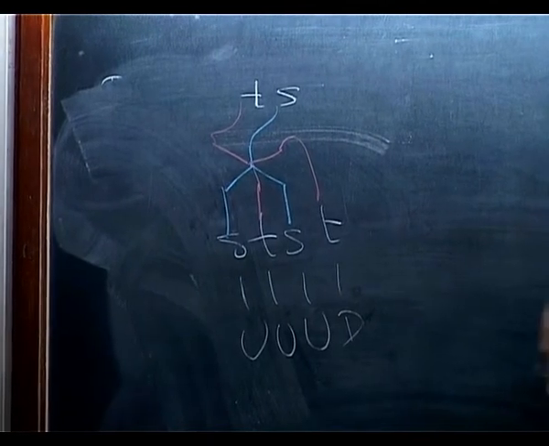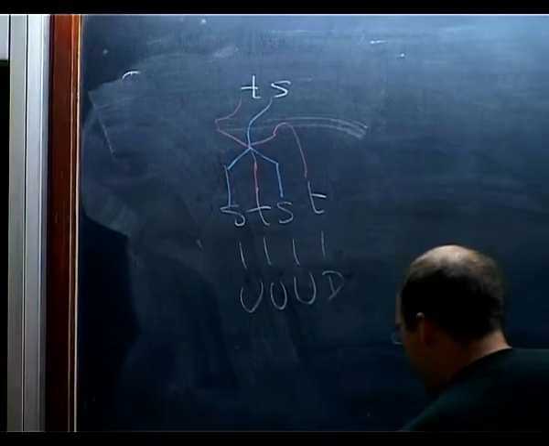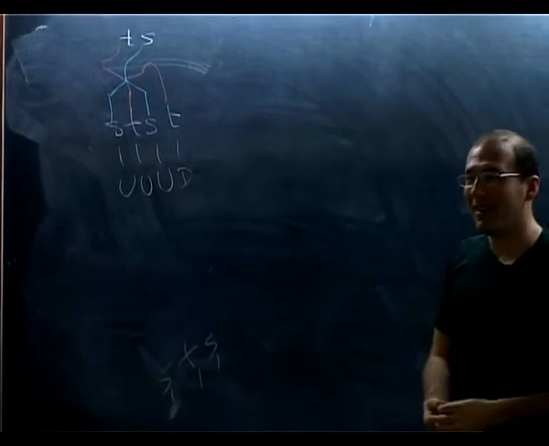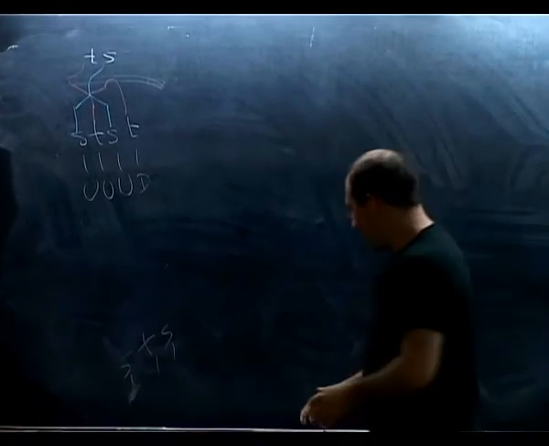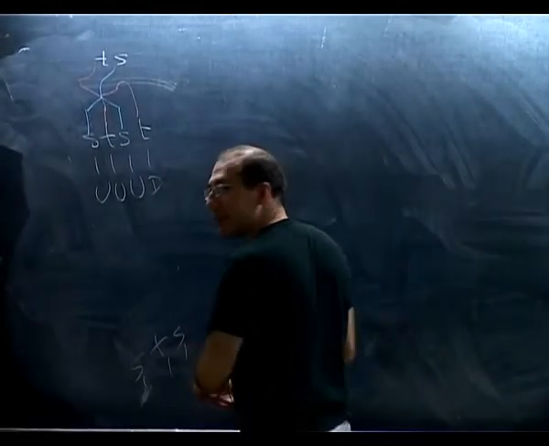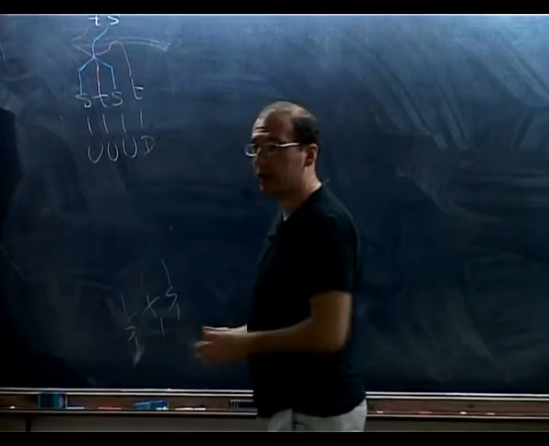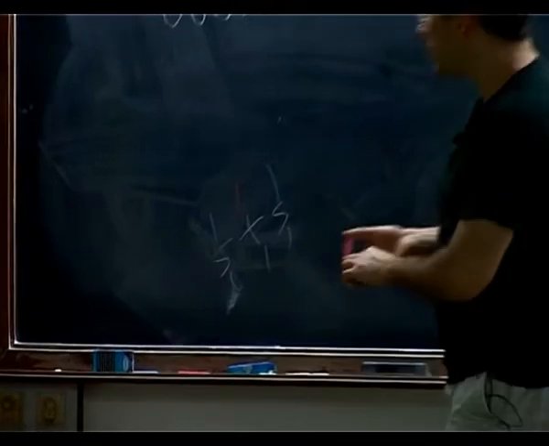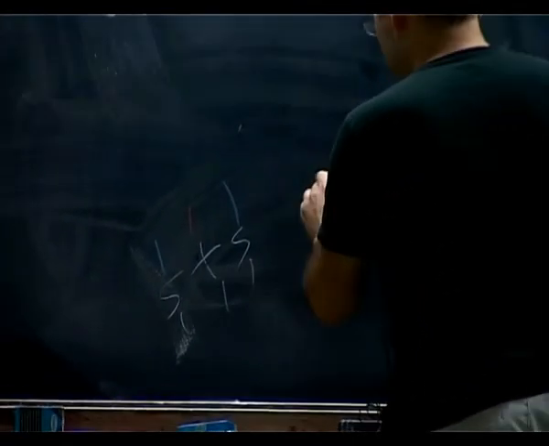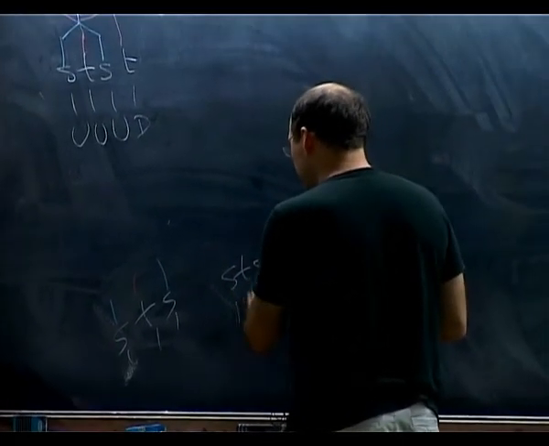I'll give you another example. STS, 111. Here is just up, up, up, right? So this identity map is a valid light leaf. Here is another valid light leaf. There's no reason to do this one, but it's totally acceptable.